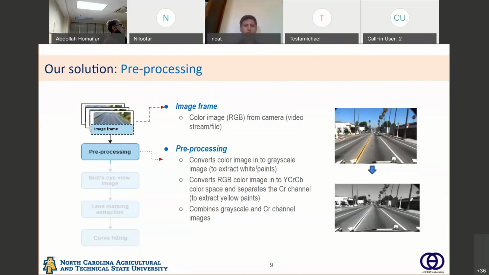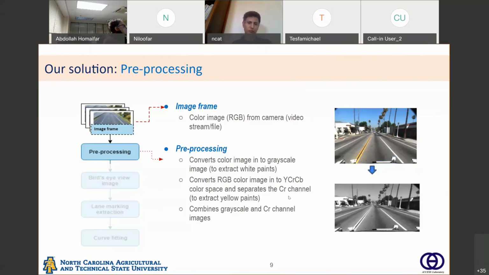The grayscale image captures the white lane markings very well, whereas grayscale may not correctly capture the yellow colors on the road, especially when these yellow lines appear on a bridge where the texture is not similar to a black asphalt road.